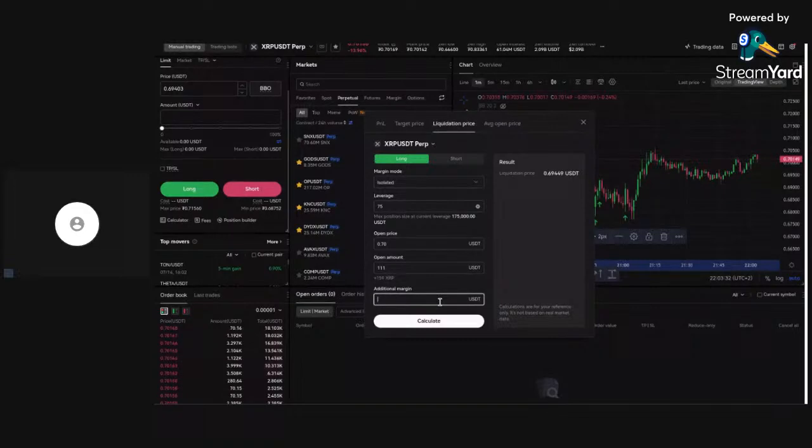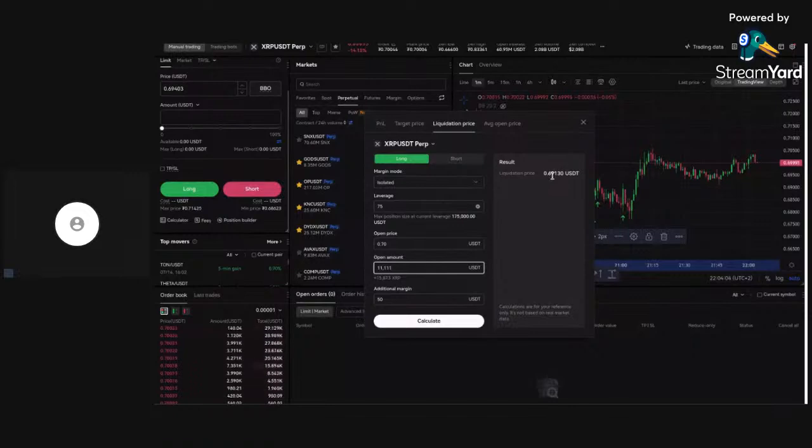Additional margin, let's say we've got $50 behind us, and we open up a trade with this, which would be opening up a trade with $148, just under 150, and then you have $50 in your account balance with this trade still open.